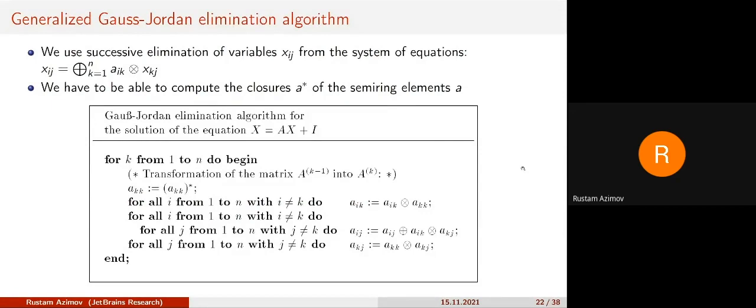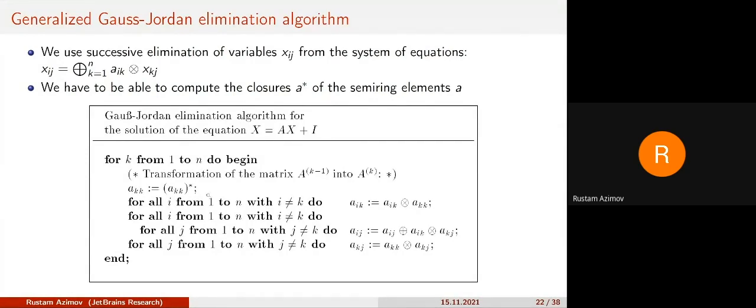Another example from algebra is Gauss-Jordan elimination. We use successive elimination of variables from our system of equations, and on each step we have to be able to compute the closures of the semiring elements.